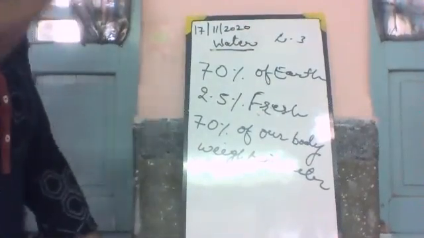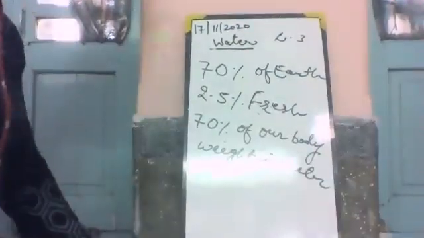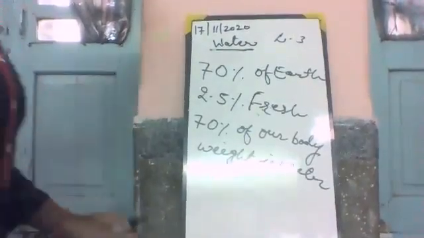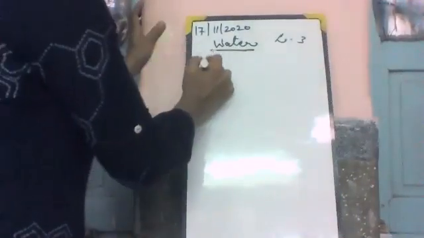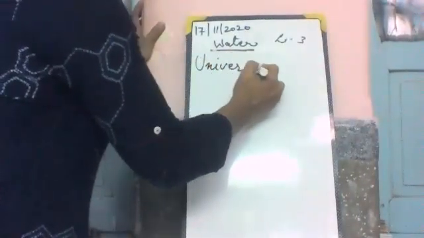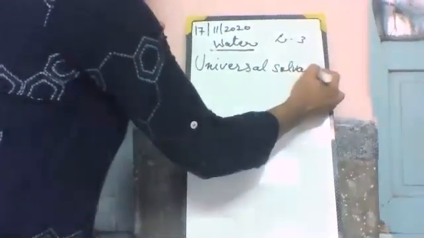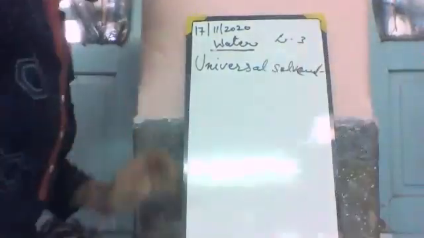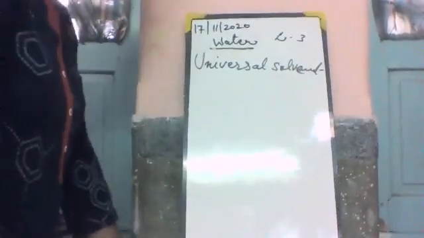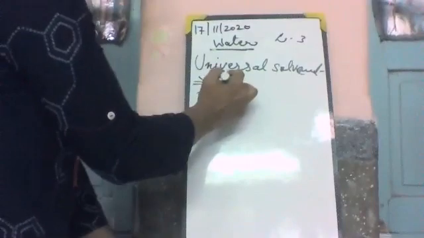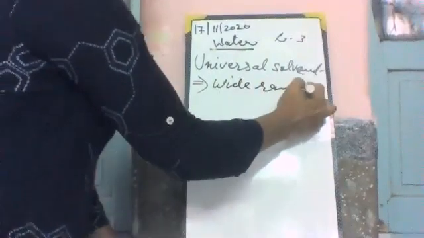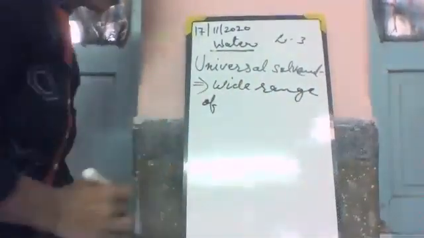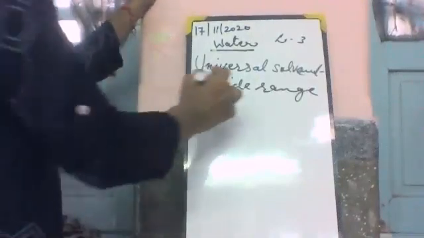Water has the ability to dissolve a wide range of substances in it. Due to this, it is known as the universal solvent. Water is a universal solvent because of its wide dissolving capacity.